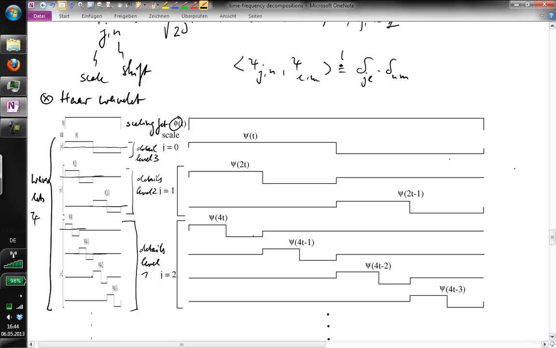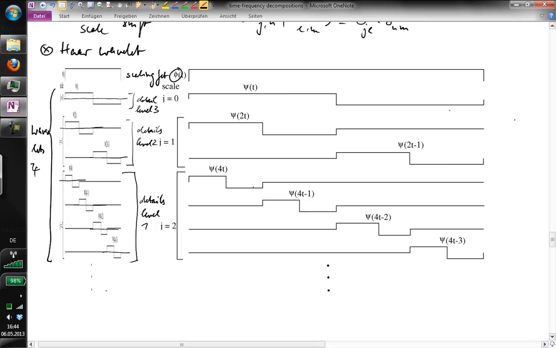Now this Haar wavelet is as simple as it gets. This is just a length 2 filter with coefficients +1, -1 at the finest scale. And it's easy to see that they are orthogonal to each other. Within one level, just by shifting, you can see that they're orthogonal.